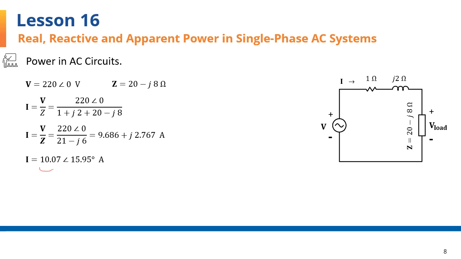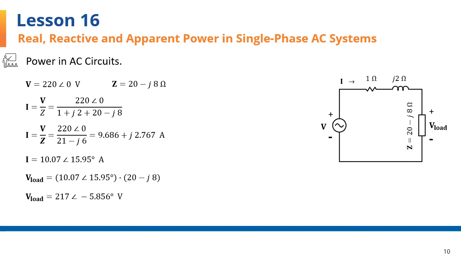The load voltage can be found by multiplying this current into the load impedance. So here we have the current that was just found that goes through this circuit, multiplied by the load impedance, which is 20 minus J8, to get the load voltage here, plus or minus.